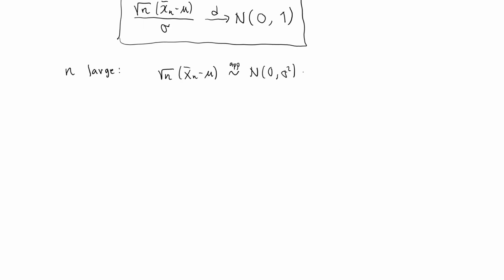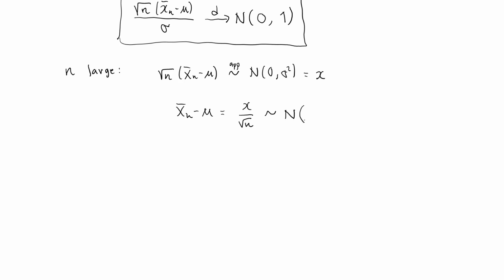So let's say that X is a random variable with this exact distribution, normal, 0, sigma square. Then by dividing both sides by square root of n, we have that Xn bar minus mu is X over square root of n. The right hand side is simply a constant times the normal, so we know that this will still be normal.